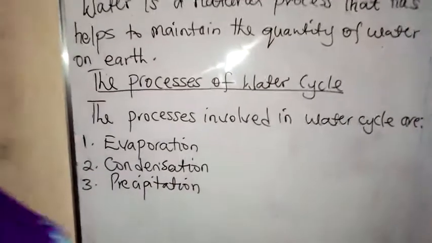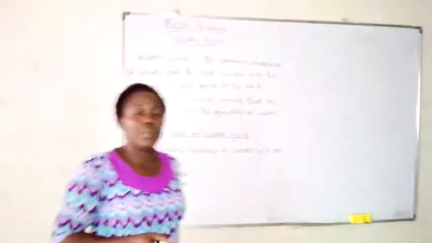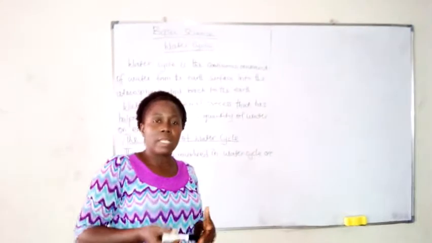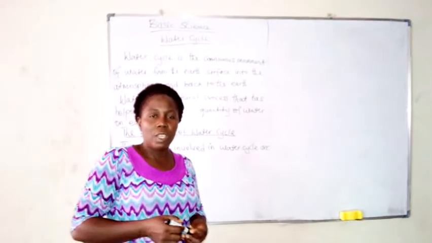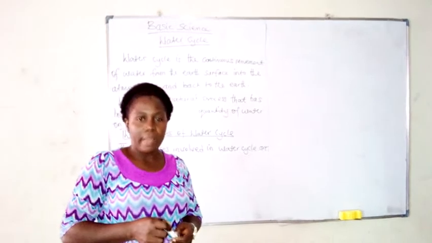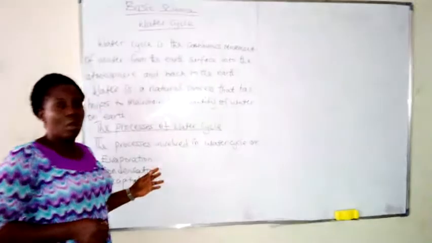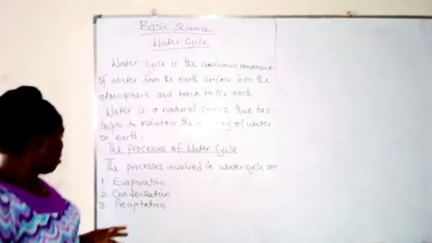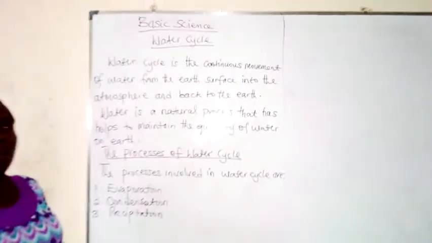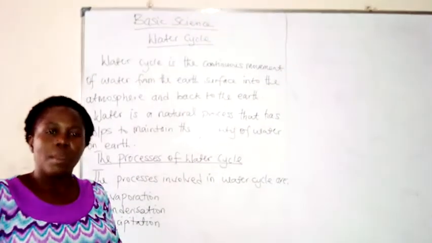Alright, we are going to take them one by one. What is evaporation? Evaporation is the process in which water changes into water vapor, or what is called gas. I say that again. This should be a revision for us because we've been taught it before in our previous class.